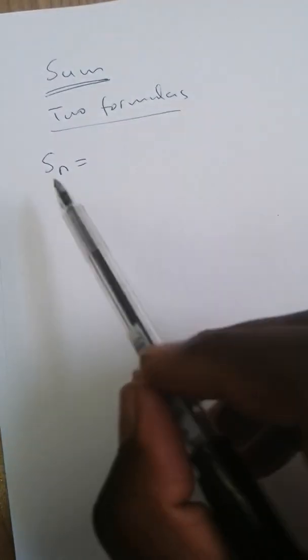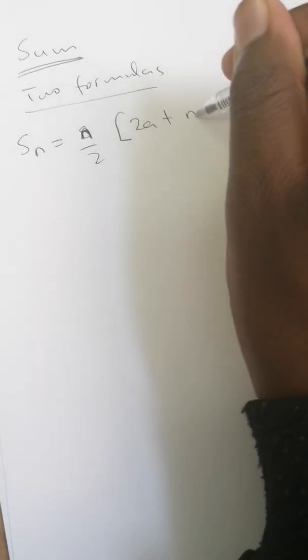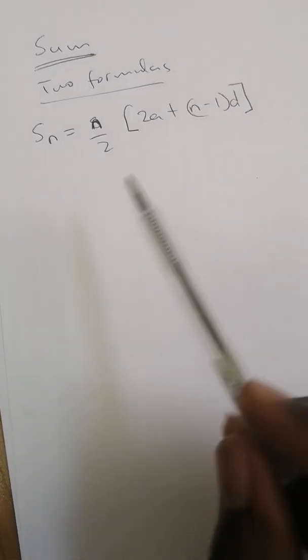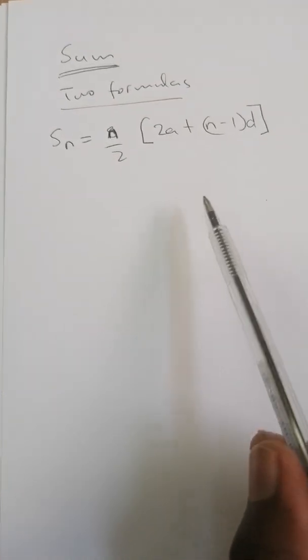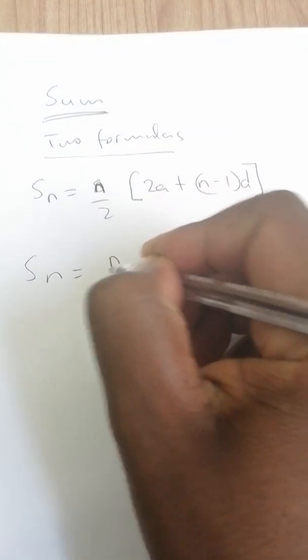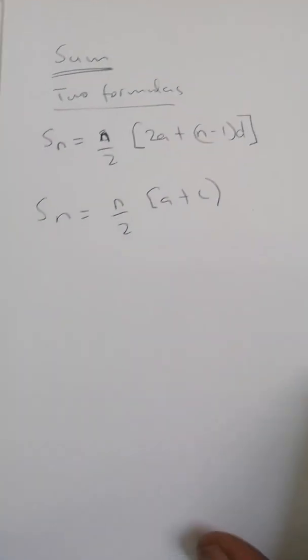The first one is Sn, referring to the sum of the n terms, is equal to n over 2 times 2a plus n minus 1 d. So that's the first formula that you can use. Or Sn is equal to n over 2 times a plus l.